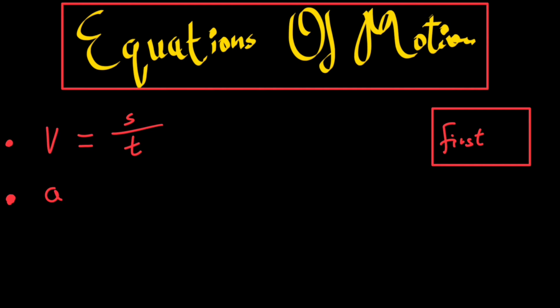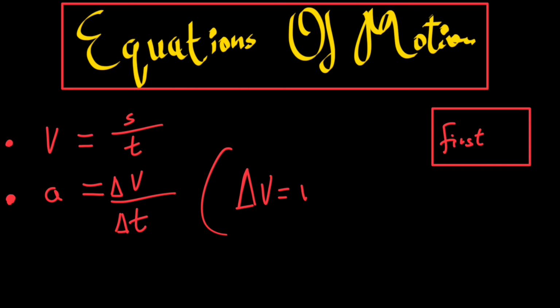We know that acceleration, that's what you have as a, equals change in velocity over change in time. And the change in velocity is the final velocity minus the initial velocity.